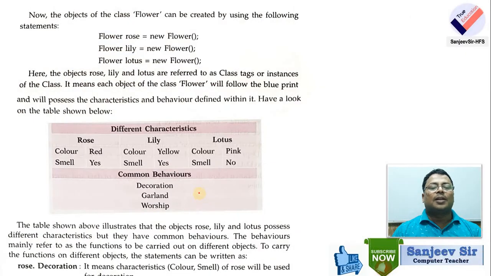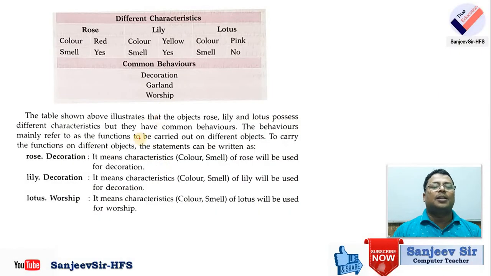Now we understand that, as you see here, it is given line by line. All the objects will have the data members and the behavior also. The behavior will be common for all the objects, like rose will have decoration, lily will also have decoration, and lotus will also be used for worship. That means behavior will be the same for all objects, but data values will be different.